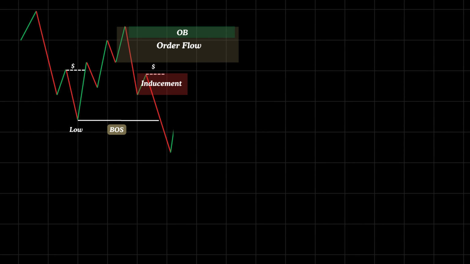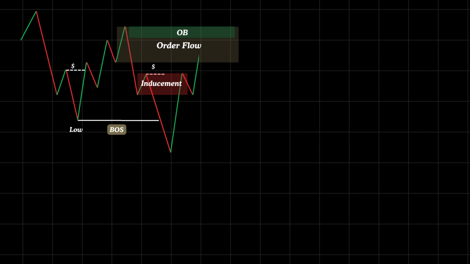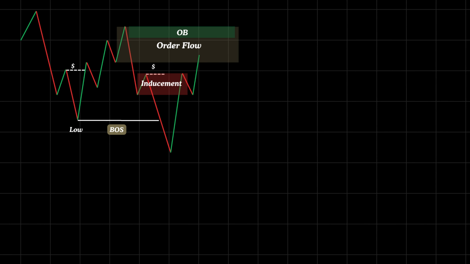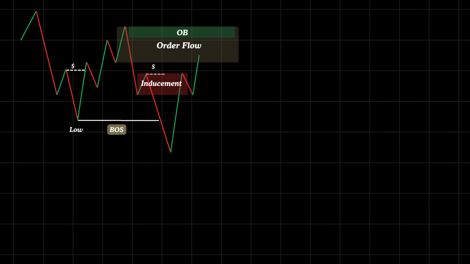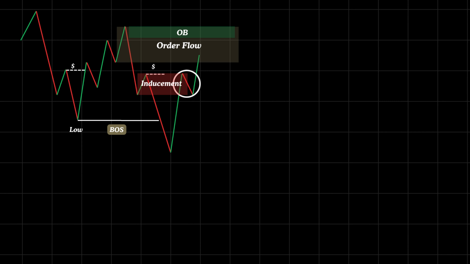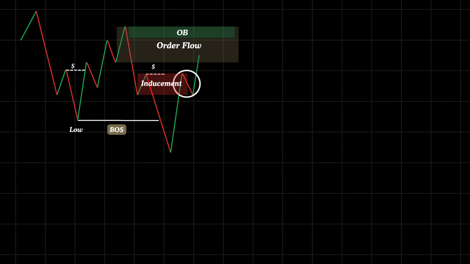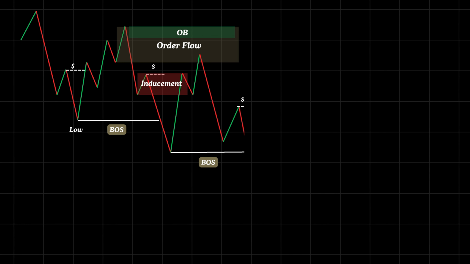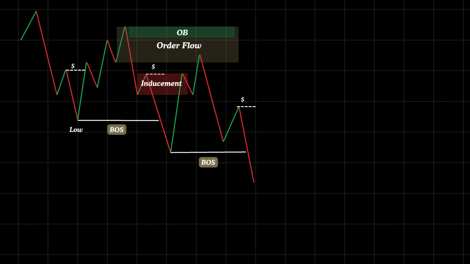Let's go further. In this scenario, price pulls back to the inducement zone, pauses slightly, and then quickly reverses upward, triggering stop losses of traders who entered short at the inducement. After grabbing this liquidity, price continues climbing until it returns to the previous order flow zone. At this stage, price shifts direction back downward and resumes its original bearish trend.